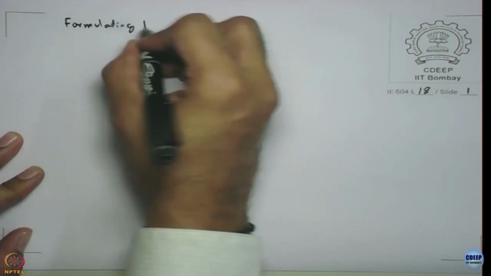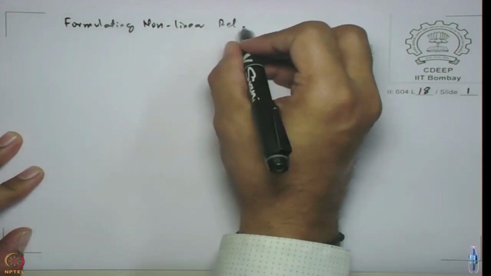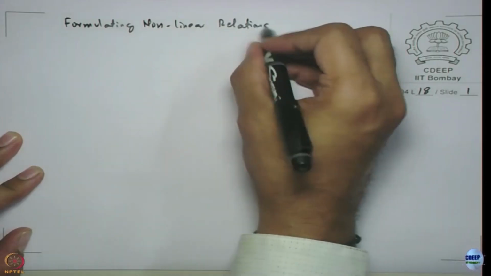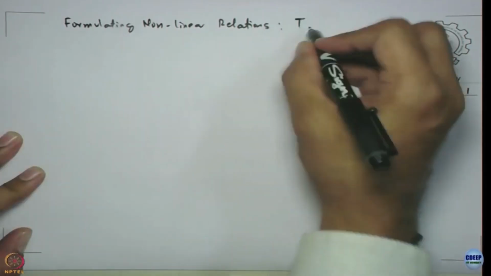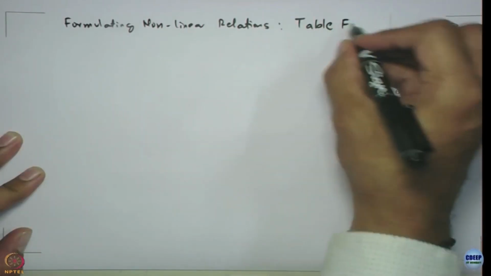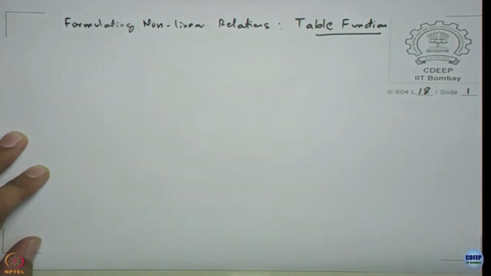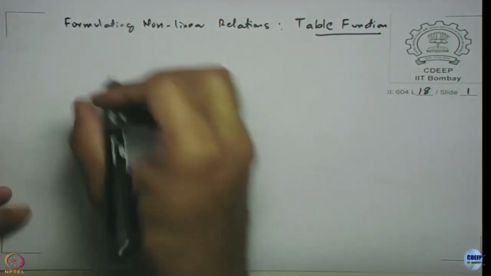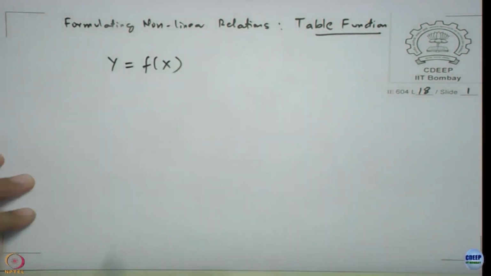Formulating nonlinear relations. We are going to look specifically at table functions. See, what we want to do is, many functions are of the form y equal to f of x, right?